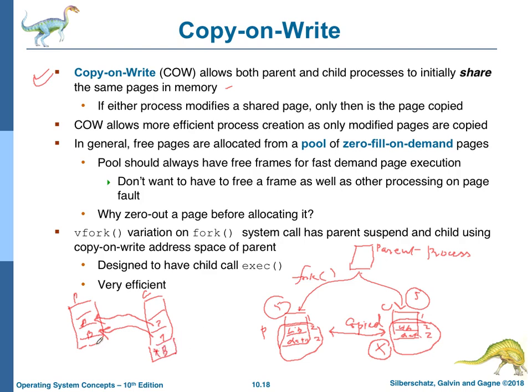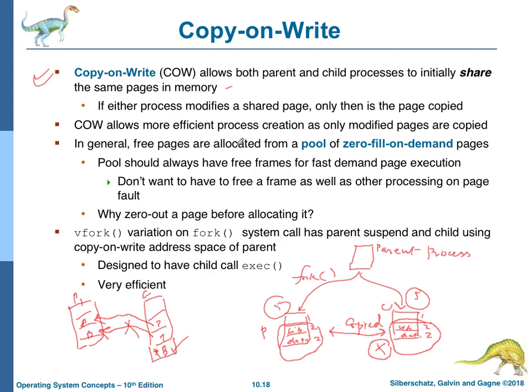Now these two Bs are different, and the parent will still look at its B, but the child has lost this reference, and it is now only looking at the B which is modified by the child. Okay, so COW allows more efficient process creation as only modified pages are copied.